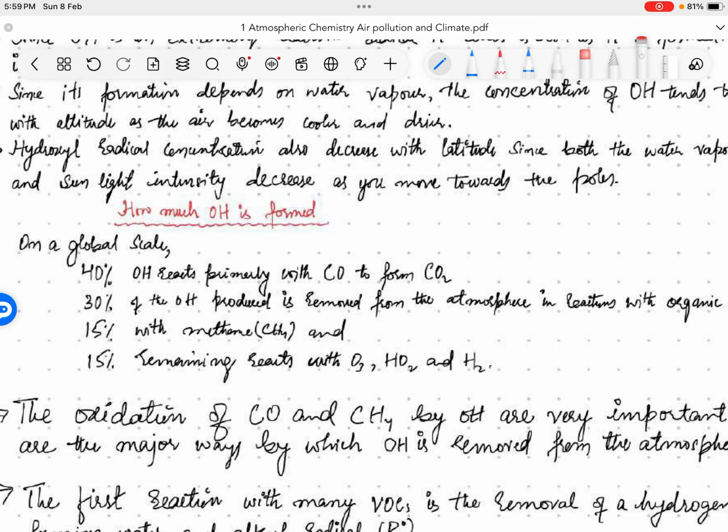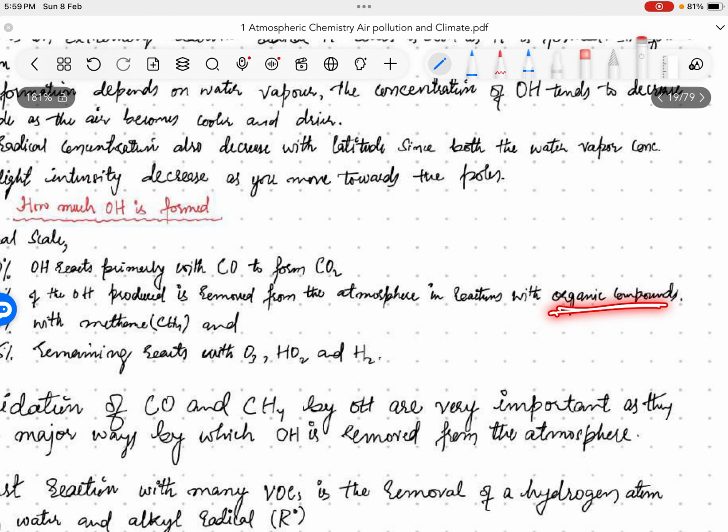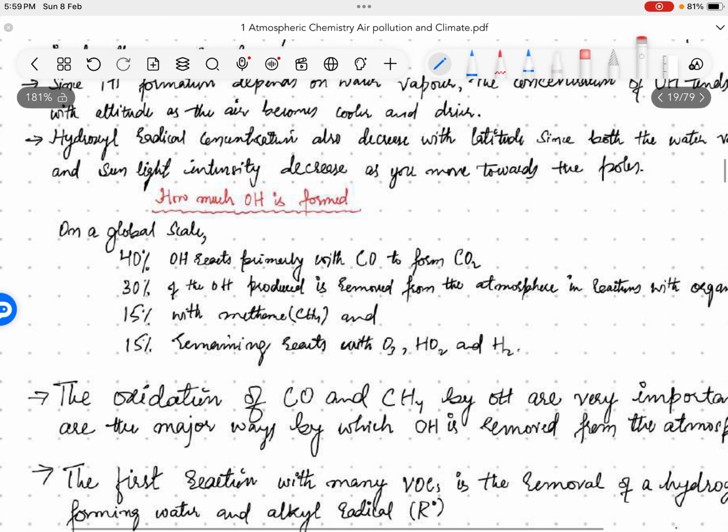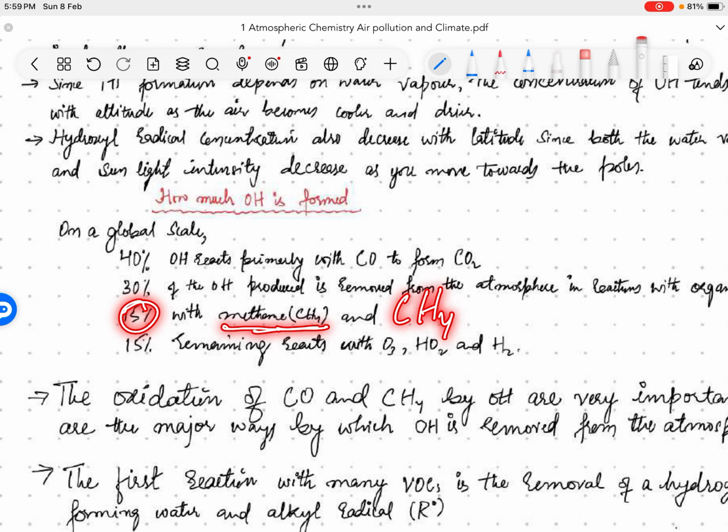On the other hand, 30% of the OH radicals will be consumed by organic compounds, and 15% of the OH radicals will be consumed by methane, and the remaining 15% will be consumed by ozone, peroxy radical, and hydrogen.